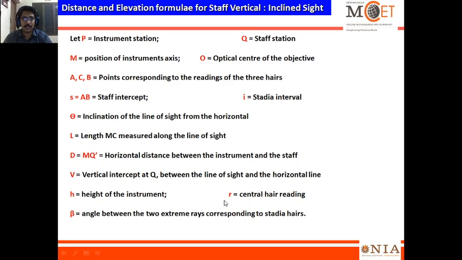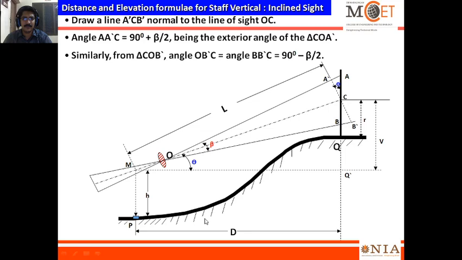Now the new notation comes. R is the central hair reading. You have to remember this. H is the height of instrument. Beta is the angle between the two extreme rays corresponding to stadia, as we can see with respect to the picture, right? So this is the angle beta between the two extreme rays. This is the angle of inclination of the telescope, theta. This is the optical center, and this is the instrument center point, the vertical axis point, and it is dropped to the ground.